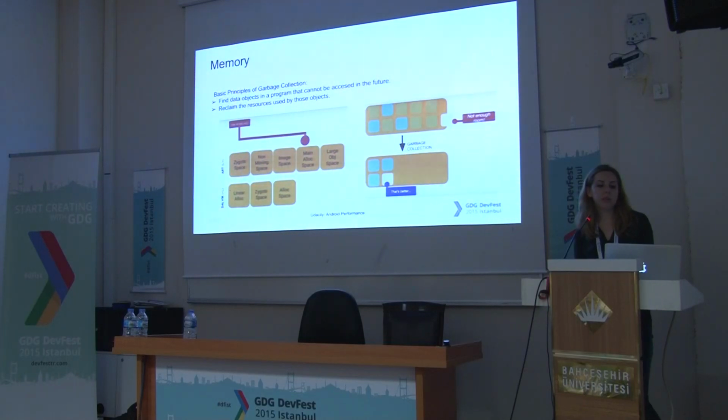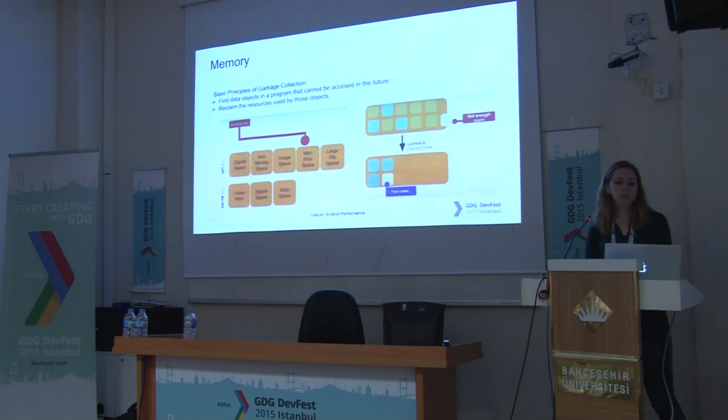And the third topic is memory, of course. Memory is all about garbage collection, actually. There are two basic principles of garbage collection: find the objects that we won't use in the future and reclaim these resources.